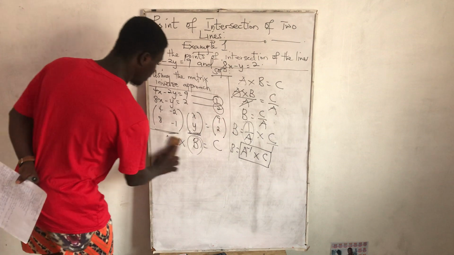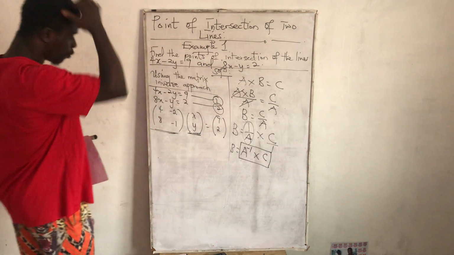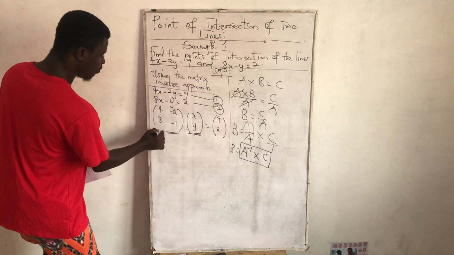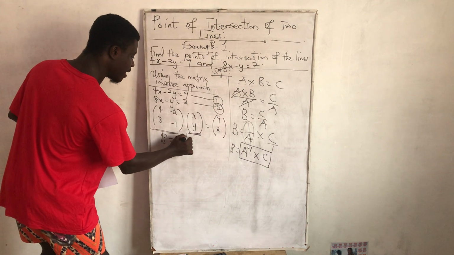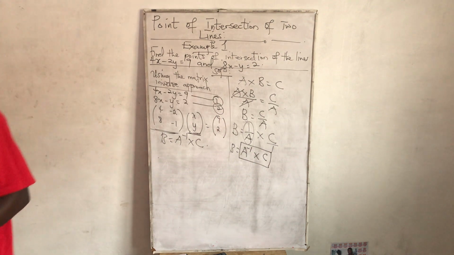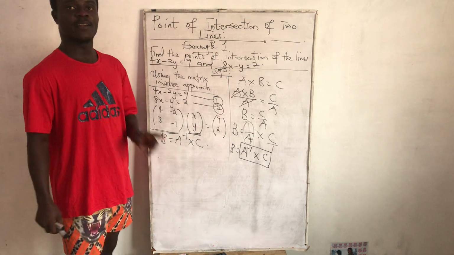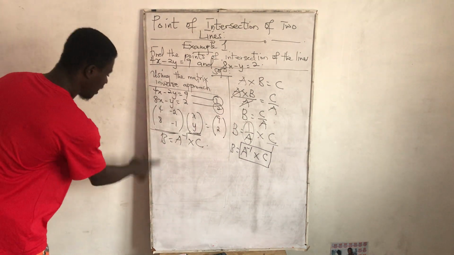So now let's see. I want to find the inverse. So B is equal to A inverse times C. How can we find this A inverse?